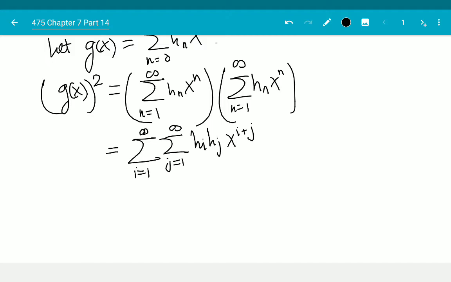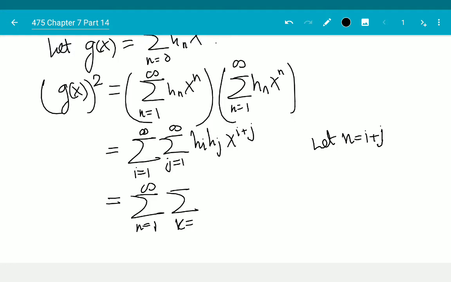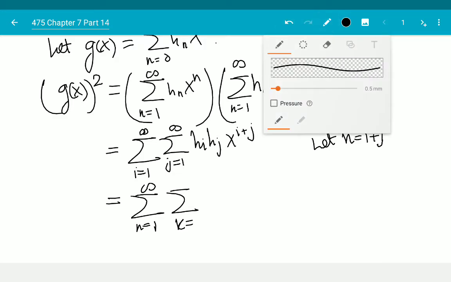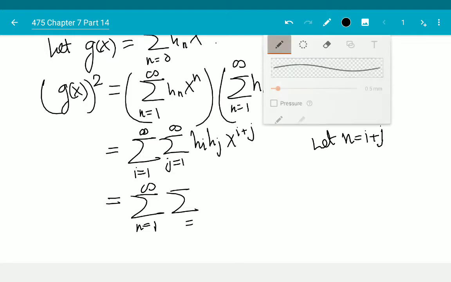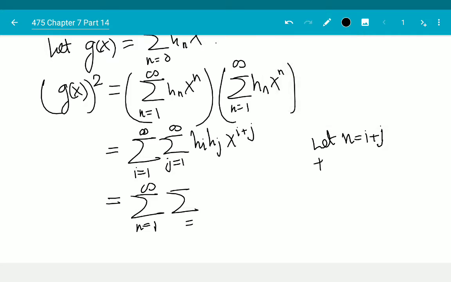Then this is summation n is equal to 1 to infinity, and then i is equal to n minus j.